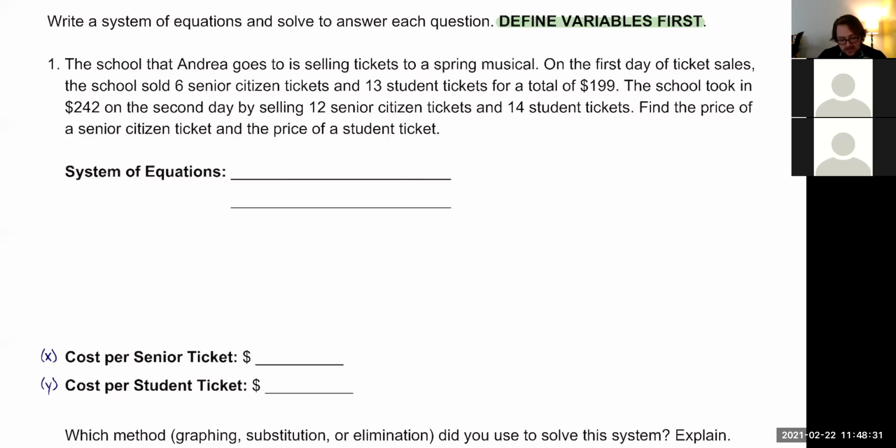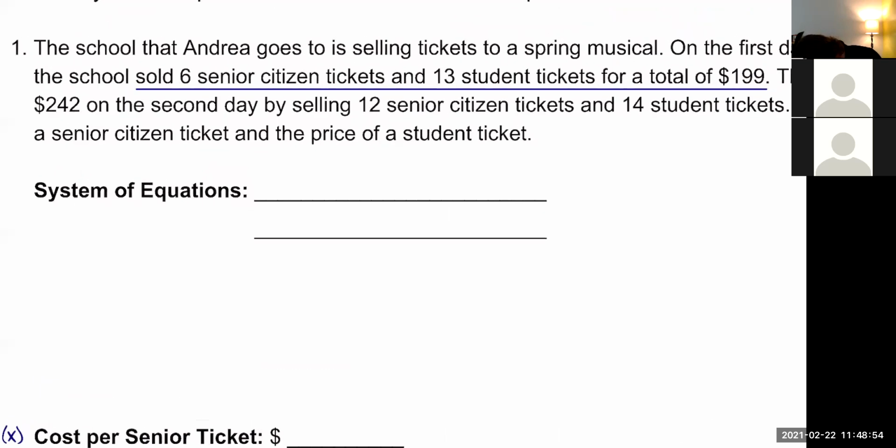So what I would do if I was working through this problem is write an equation for each of the days, because that's the only way I can write two equations that use both variables. The first day says that they sold 6 senior citizen tickets and 13 student tickets for a total of $199. So that's going to give me 6x plus 13y equals 199.